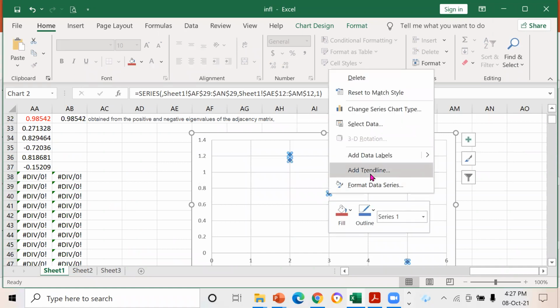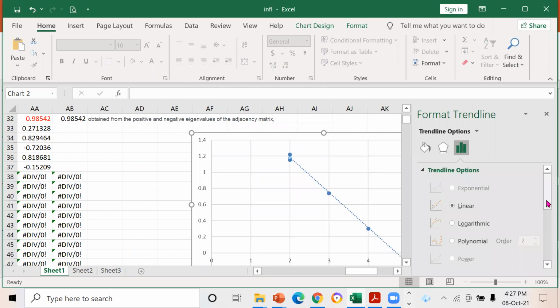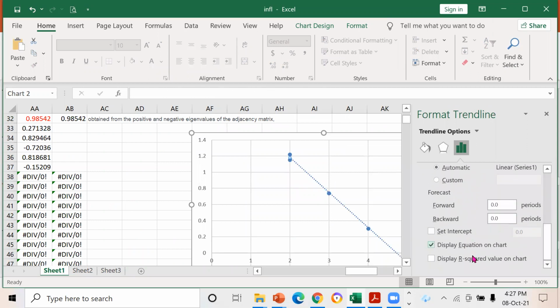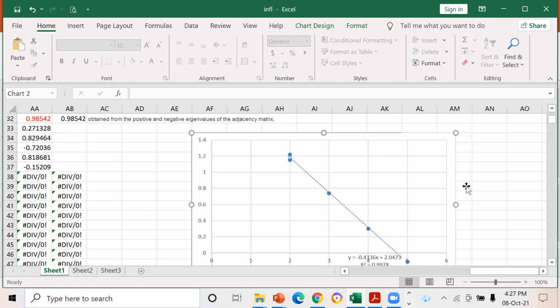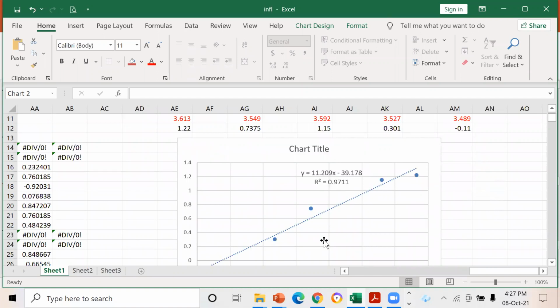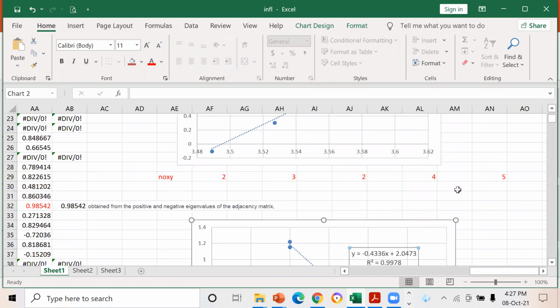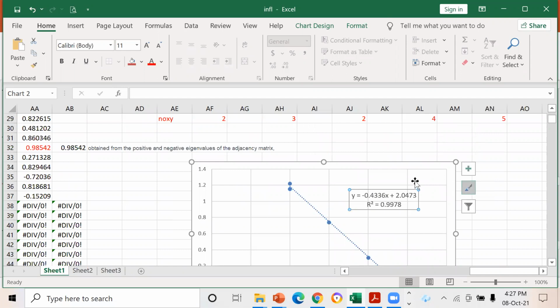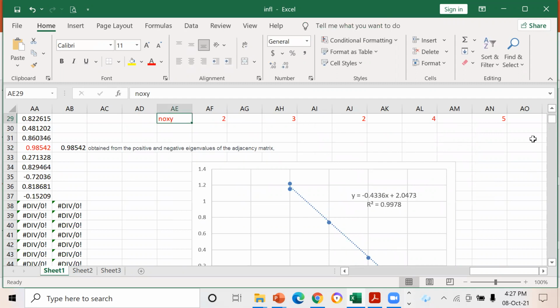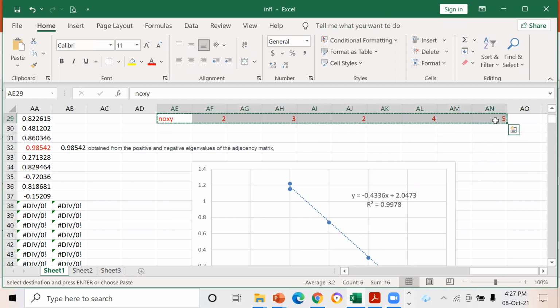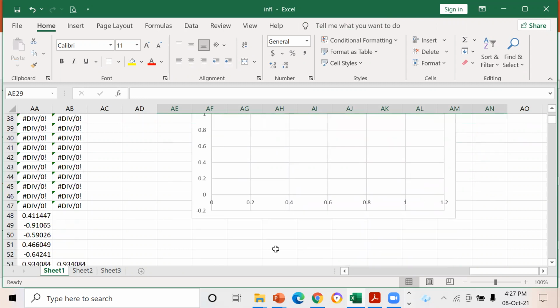Increasing of that decreases activity. Whereas in this other one, increasing of that descriptor increases activity. In this one, increasing of that descriptor decreases.